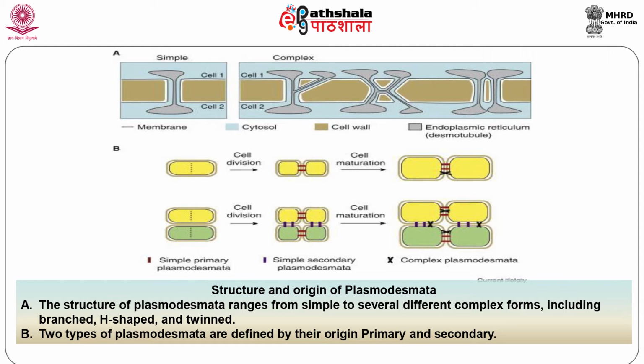In the second step, loosely bound strands of endoplasmic reticulum are seen during the late stage of cell plate formation, mostly in symplastic transport. In the later stage, strong constriction and tightly bound desmotubules are seen.